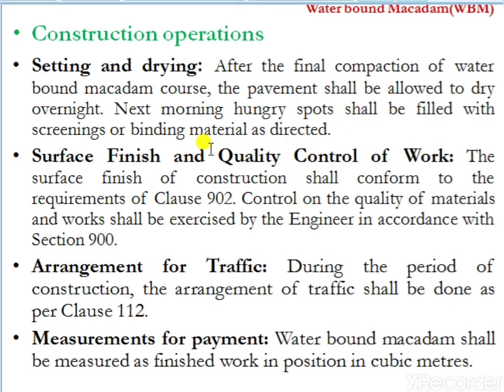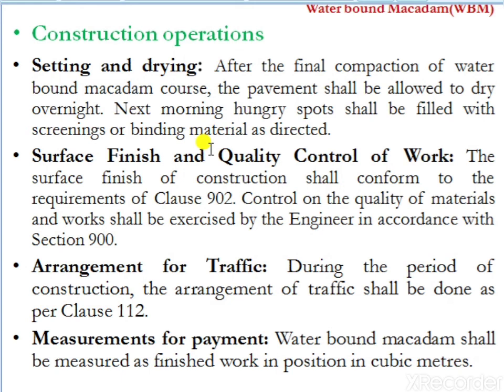So there is a specification for the surface finish in clause 902, and the finish should be as per the specification, and the quality control of the materials and the work should be in accordance with section 900.